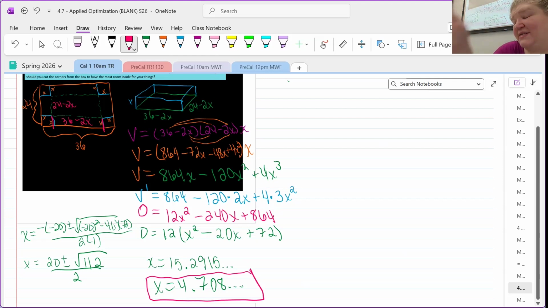So I will agree, 4.7 is a silly number because it is not a very large box. So they basically cut out a large Post-it from each corner.